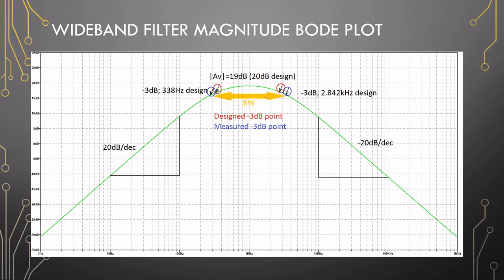So if we decrease the bandwidth, this gain will drop. And in general, in your design, the bandwidth will move outwards in any case. The red ones here are the design points, and the blue ones are what it ended up being.